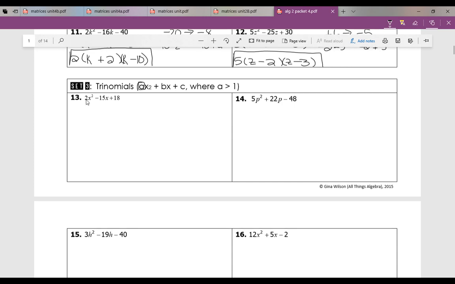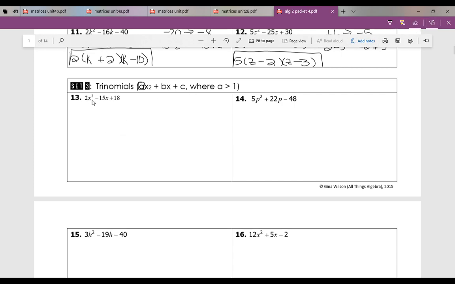There's a 2. I can't factor the 2 out because 15 and 2 don't have anything in common. There's no greatest common factor. Over here, 5, 22, 48. All three of those numbers are not divisible by 5, so I can't do what we did in the last two problems. So when there is an a value, we have to approach it a little bit differently.